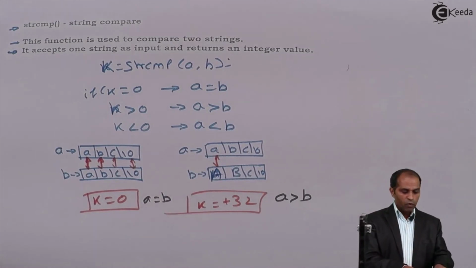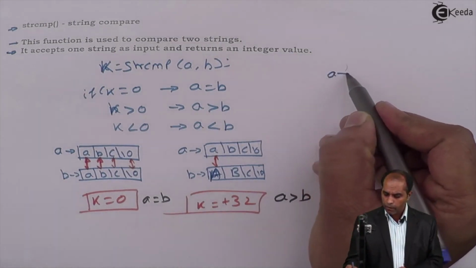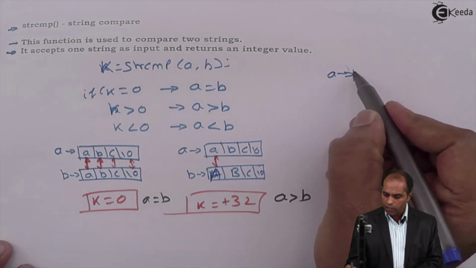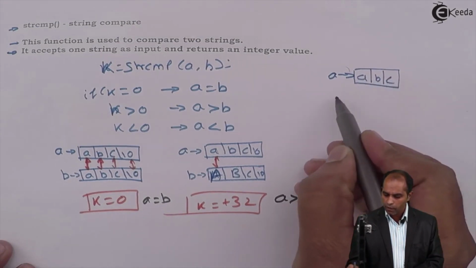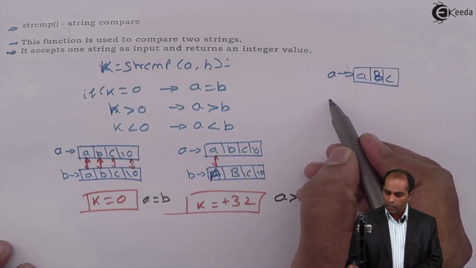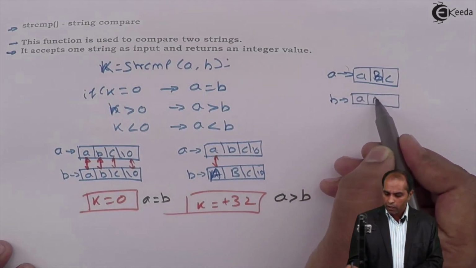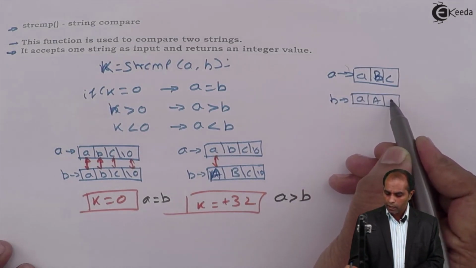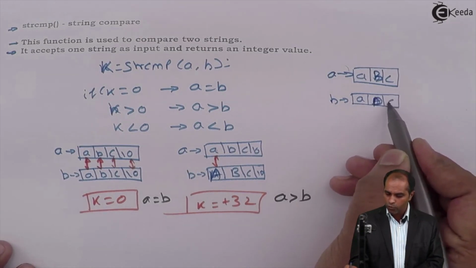Now let's try one more example. Suppose I have A with a string, say a, capital B and small c, and B with a, capital D and small c.